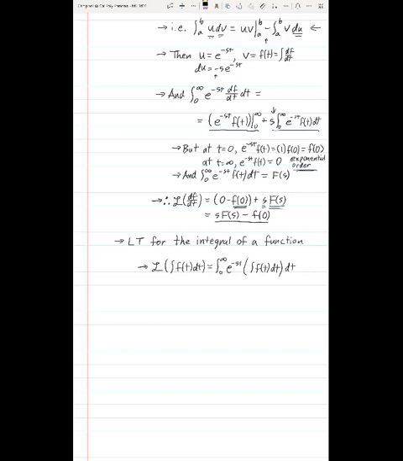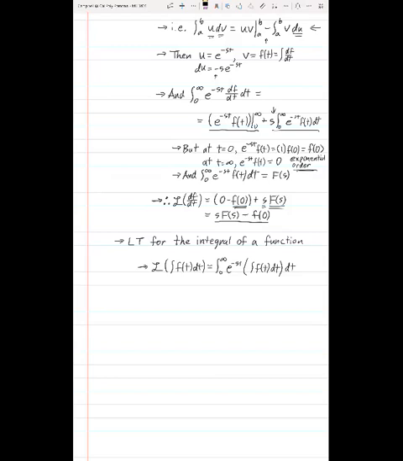But for the transformed function itself, we can understand that in calculus, taking the derivative is the inverse of integrating something. So if we take the derivative of something in the time domain and it maps over to multiplying by s in the frequency domain, and taking the integral is the inverse operation in the time domain, well, what's the inverse operation in the frequency domain?